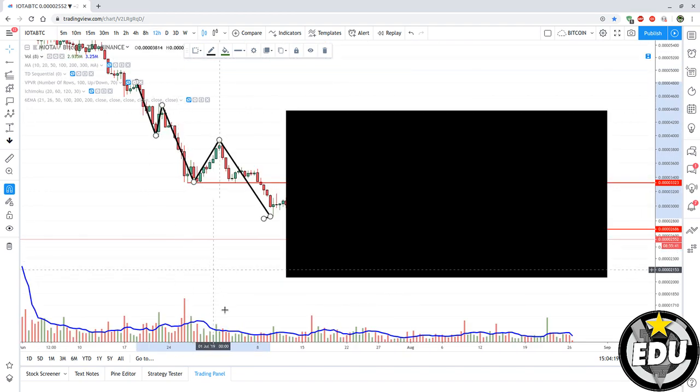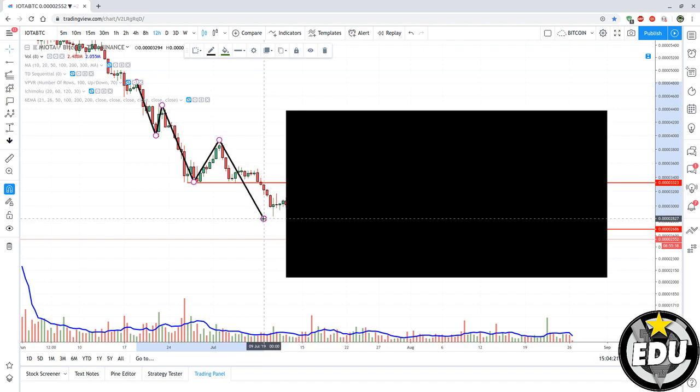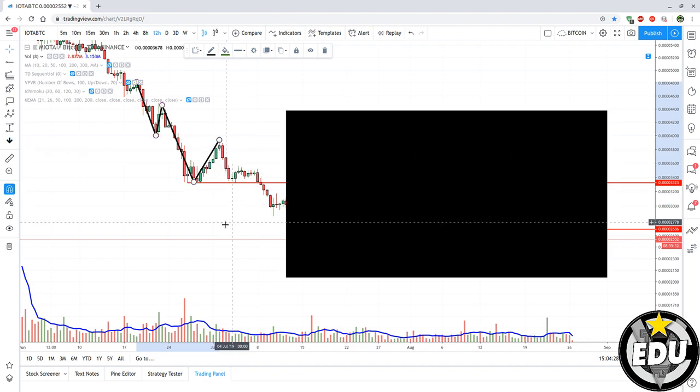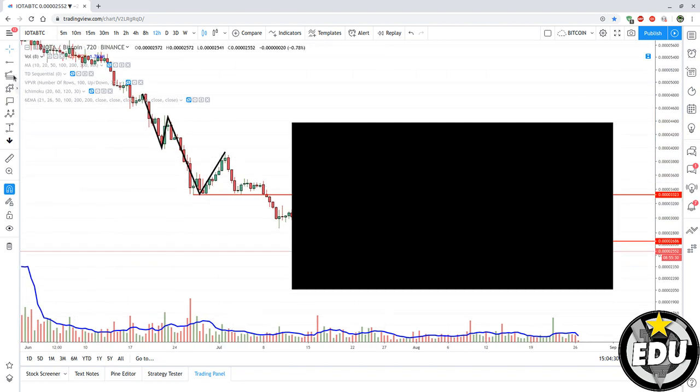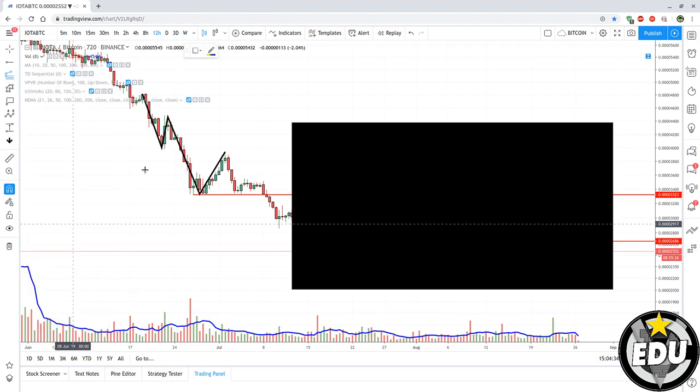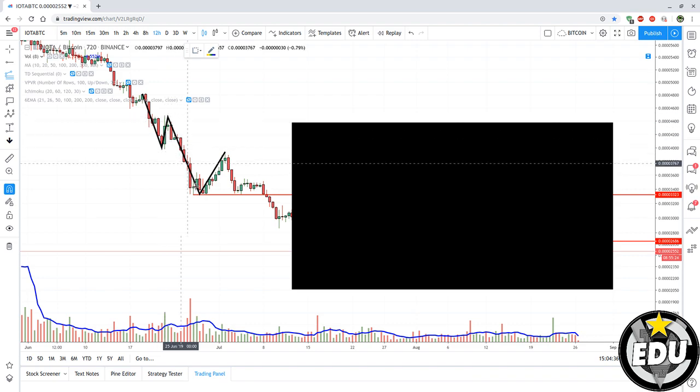So what can I do if I have something like this? I probably shouldn't trace this because I'm still looking for a buy. I can trace a simple Fibonacci extension, bearish this way. I want to know where this trend can arrive so I can buy it.